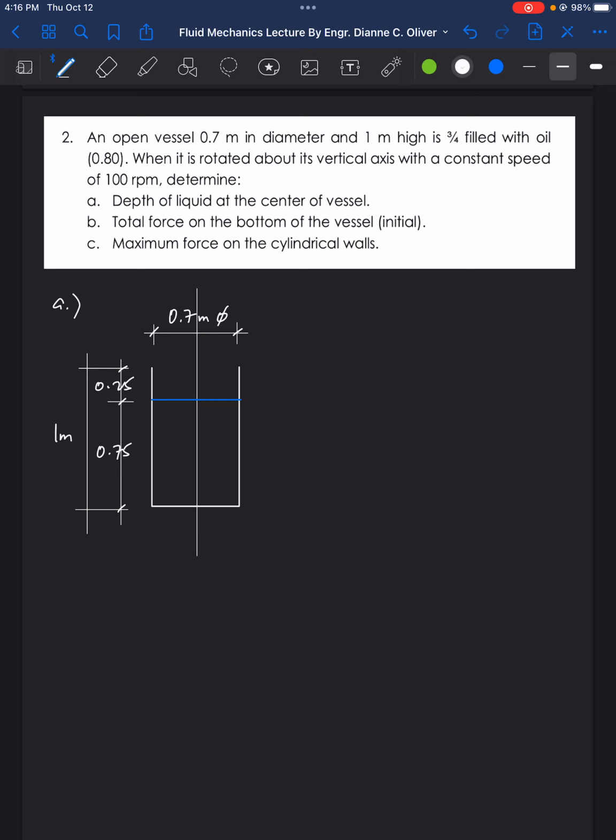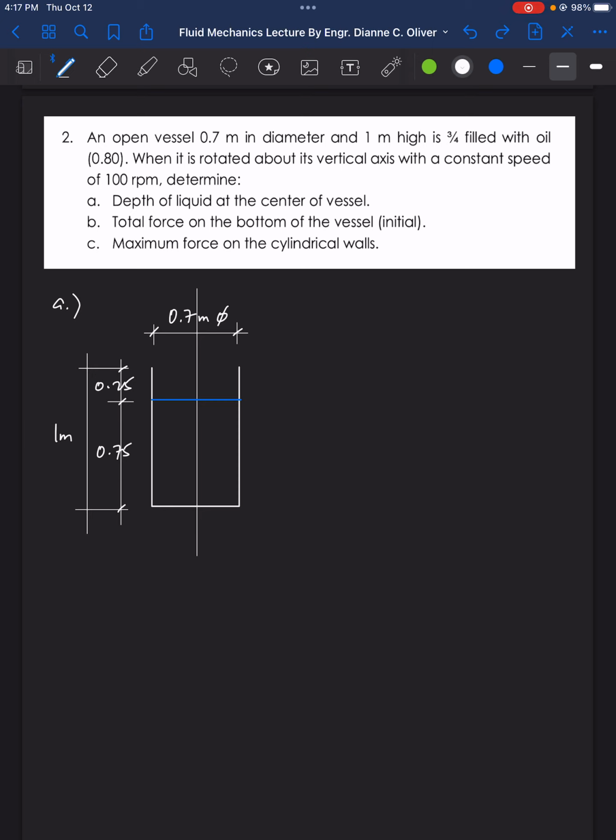So determine the liquid depth at the center of the vessel. We don't know yet. It did not mention whether there is spilling or not, so we cannot just simply assume that this is equal to 0.25, because the problem did not mention if there's no spillage.